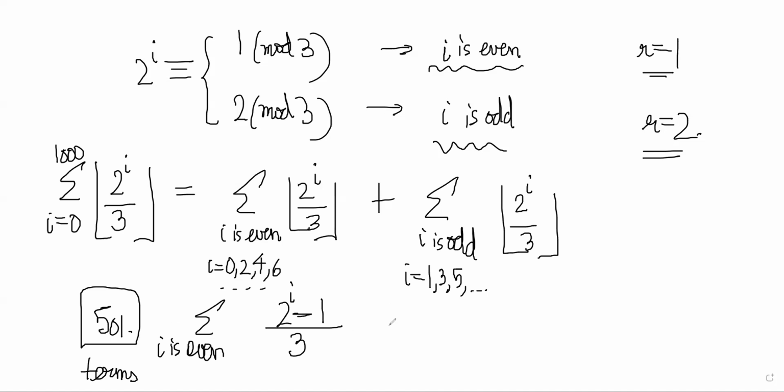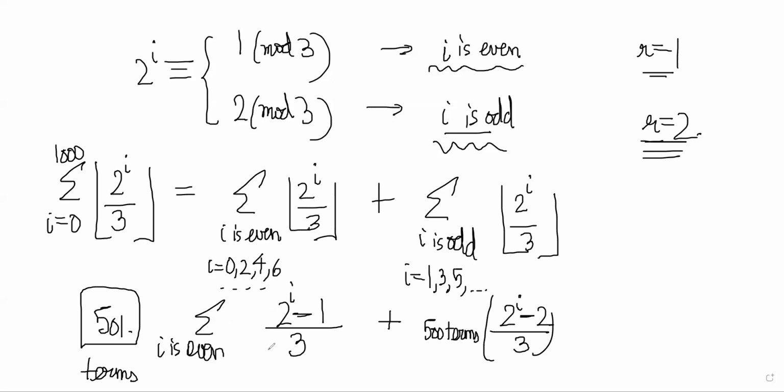And here you will get (2 power I minus 2) by 3, because the remainder when I is odd was 2. We are using our formula and this time there are 500 terms. So there are 500 terms here and 501 terms there, and you can easily do the summation of this.